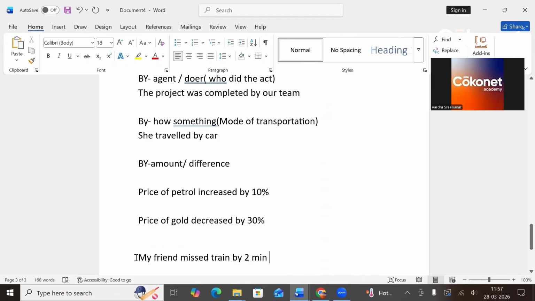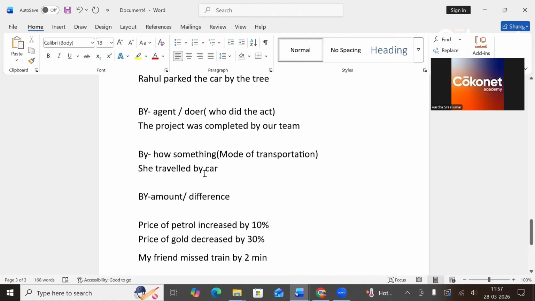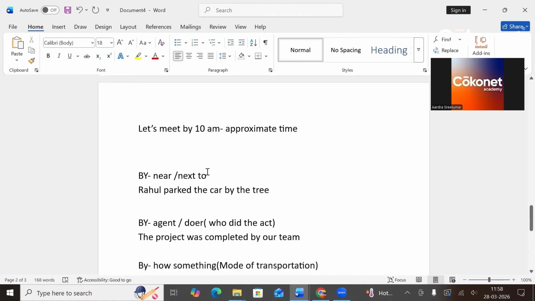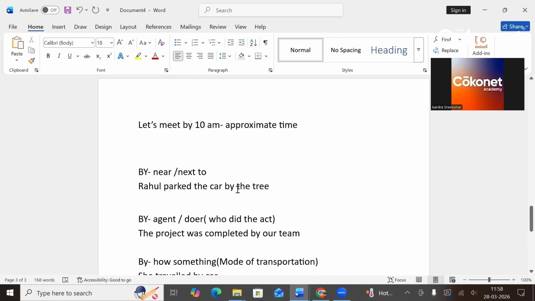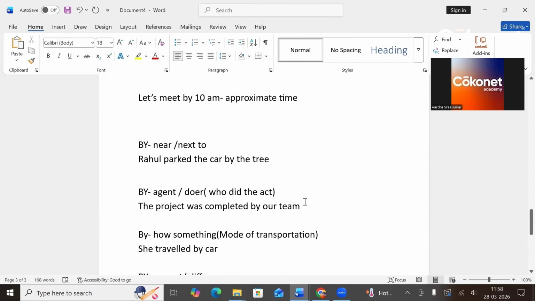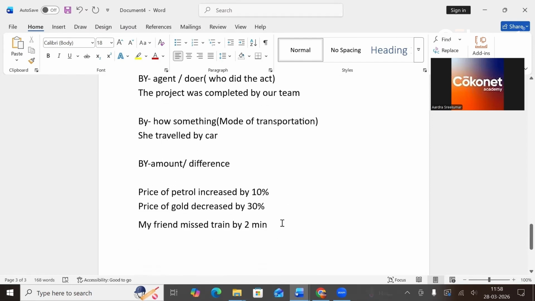Again, difference or amount. So by, you can use it for indicating approximate time, or to say something which is near or next to, or to say who did that, the agent or doer, and mode of transportation, and amount or difference.